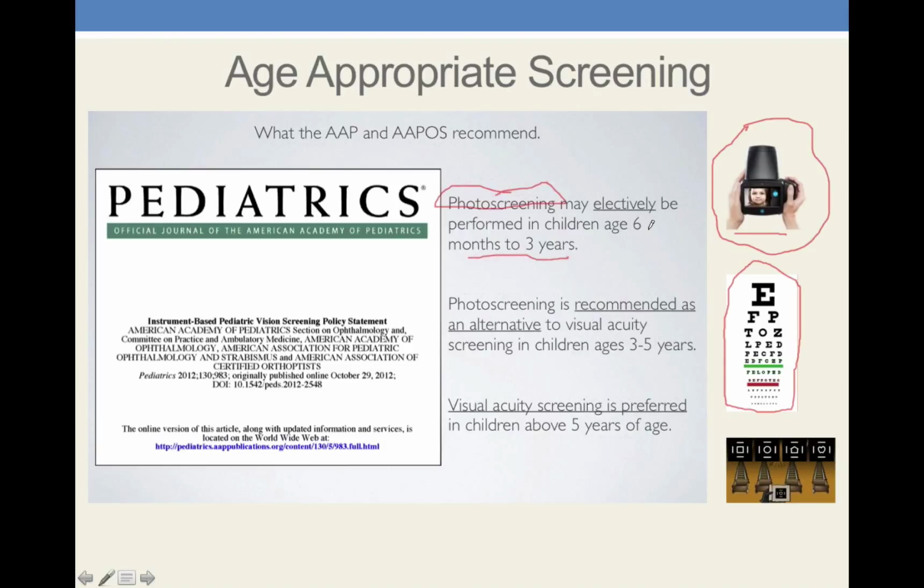So in very young children, I know that the American Academy of Pediatrics and the American Academy of Pediatric Ophthalmology and Strabismus say that this can be performed in children as young as 6 months of age, but typically what we recommend is from 18 months on, unless we're aware of congenital defects with the child's vision. So for the children that you're providing invaluable service for, like I said earlier, first line of defense, school-age children, visual acuity screening is preferred.